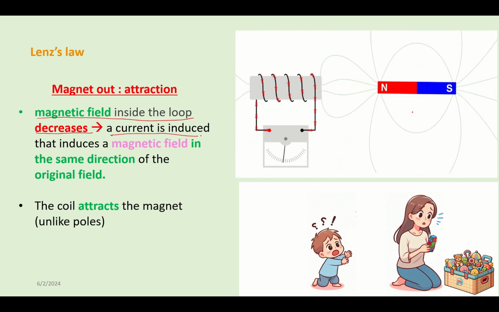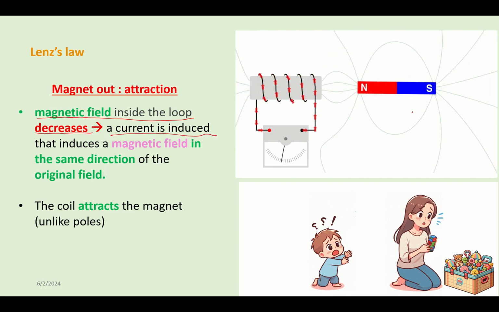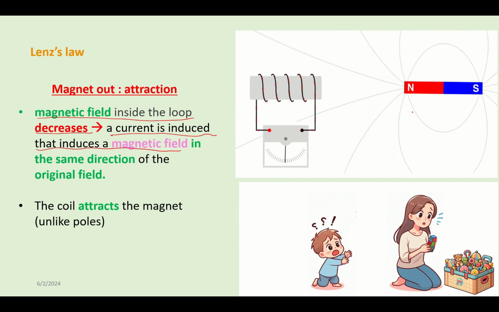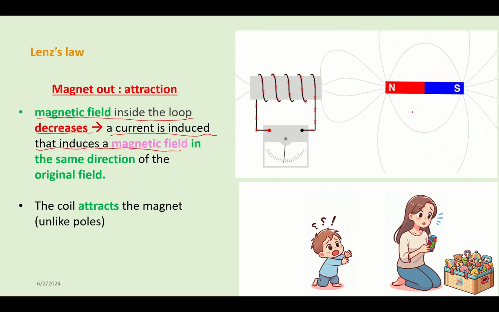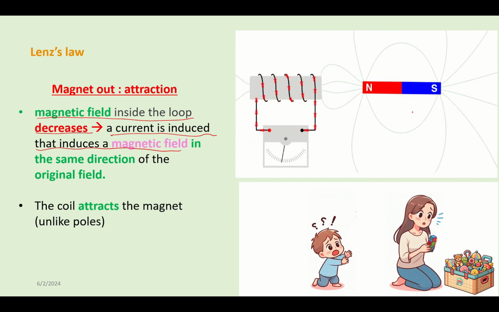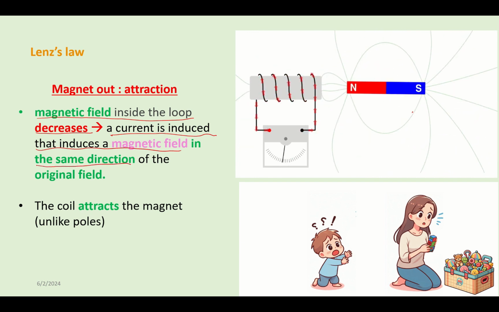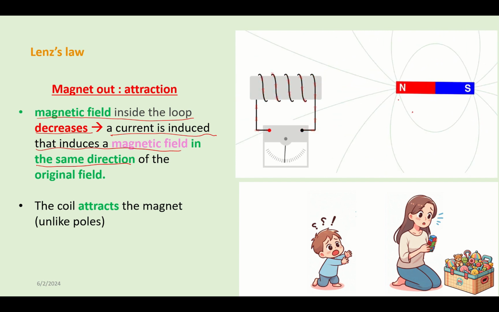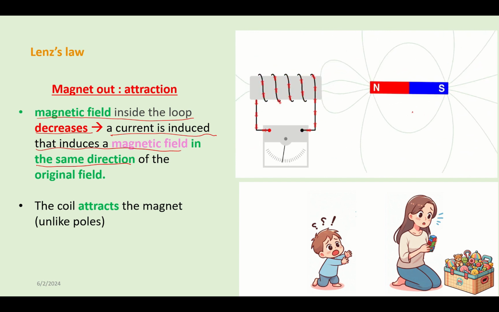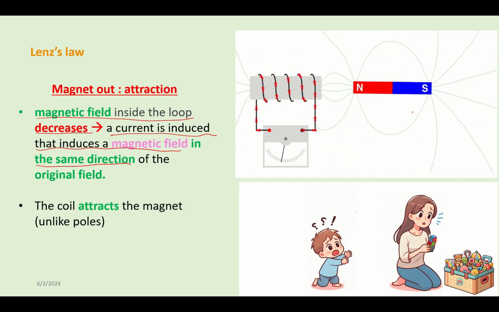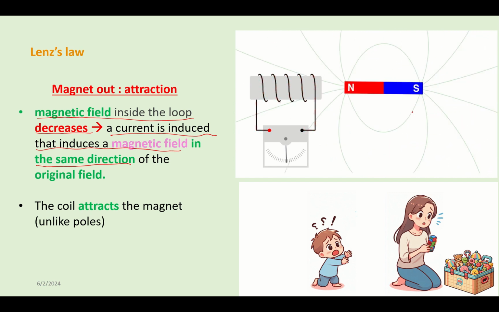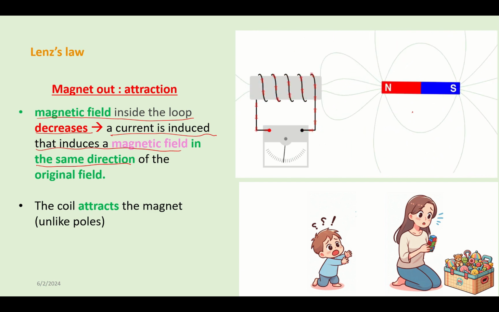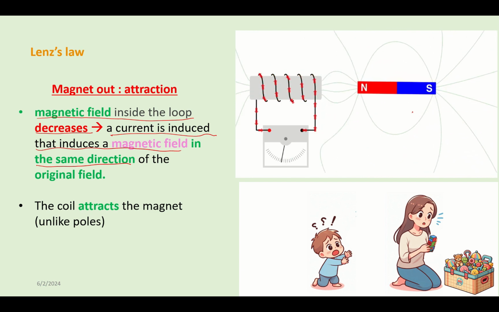A current is induced because of this change, and this current induces another magnetic field that would try to increase the original one again by being in the same direction as the original field. So when we bring the magnet away from the coil, we will have an attraction force. So we will have an induced magnetic field in the same direction as the original one.